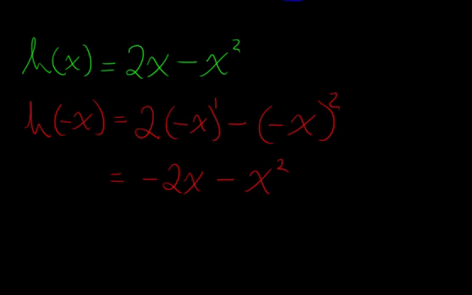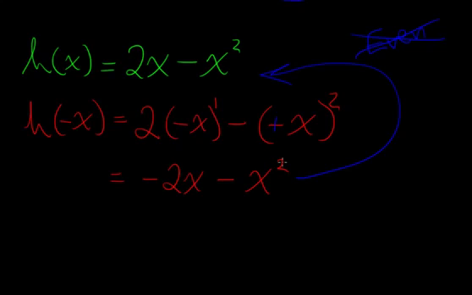It turns out to be positive when you bring it down here. And this makes it subtraction. So, is this whole thing the same as our original? No. So it's not even.